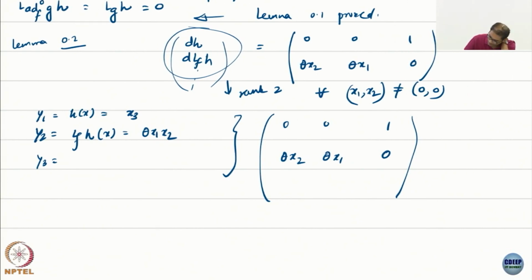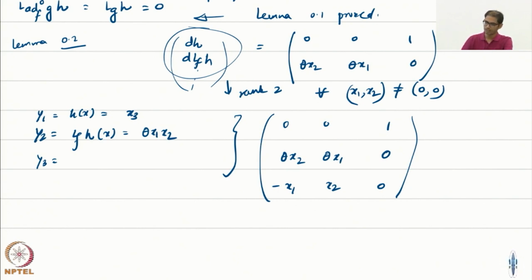I think something like minus x1 and x2, 0. This will work, right? Because that makes these orthogonal. The dot product of these is 0, I just use that idea.